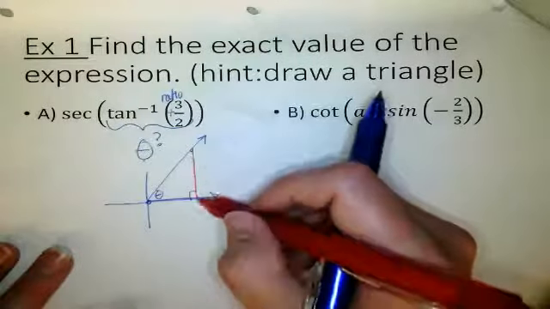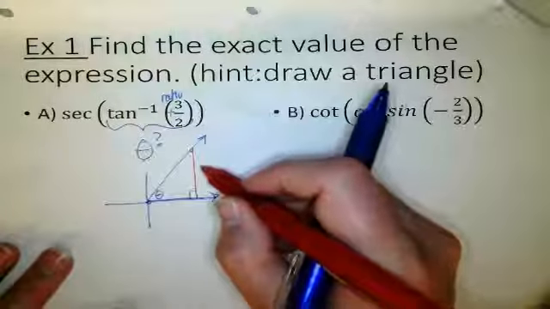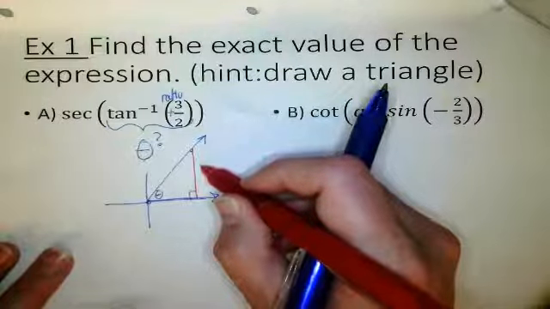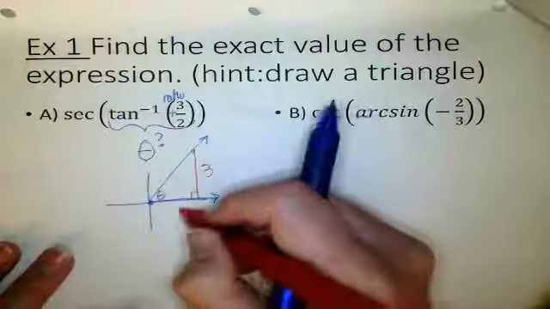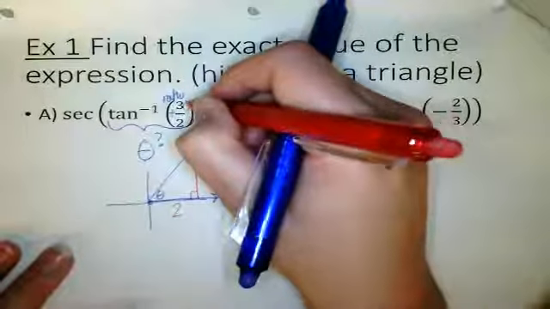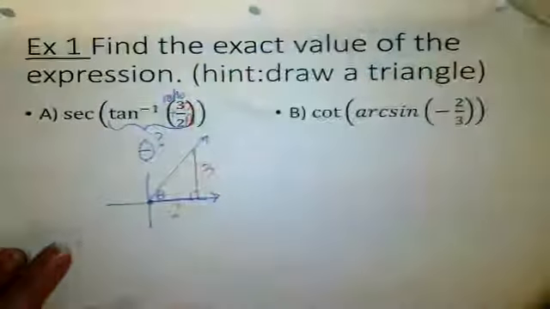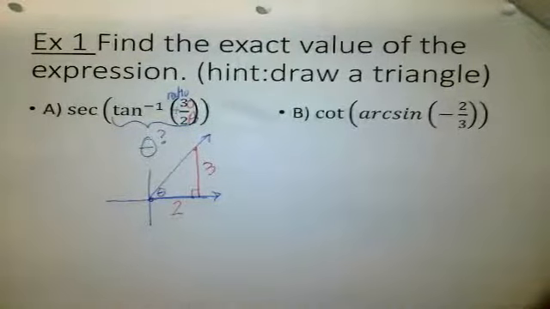What's the red side? It's 3. And the adjacent side would be 2, because that's what they told me. The tangent ratio, opposite over adjacent, is 3 over 2. What do you suppose I need to do now? Find the hypotenuse, the third side.